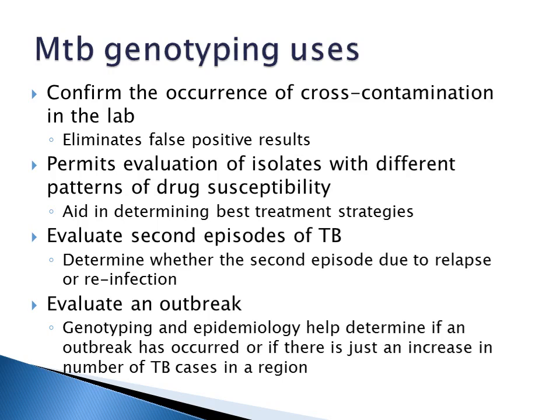Is the second episode a new infection with a different strain, or is it due to a relapse of the original infection? Also, to evaluate outbreaks. So you want to do genotyping and molecular epidemiology to determine if an outbreak has occurred or if there's just an increase in TB cases in that region.